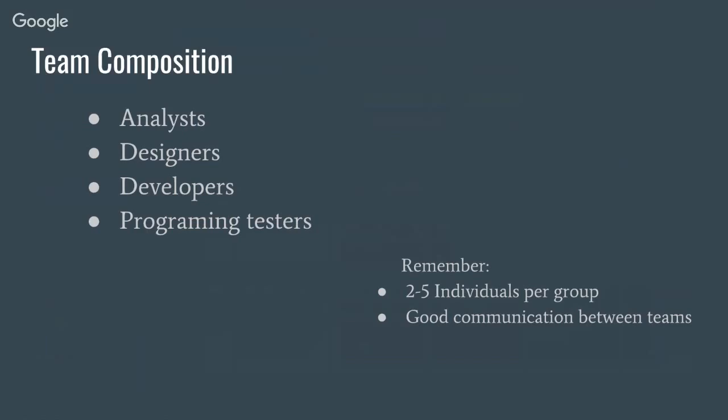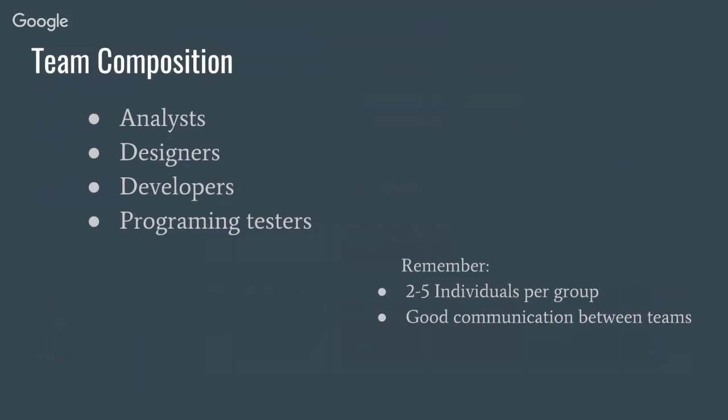In order to complete these, our team will be composed of at least 4 different groups, namely analysts, designers, developers, and testers. It's recommended that there's no overlapping of these individuals within the team, especially if you're down to a small team and you want to make sure the communication is happening really well.